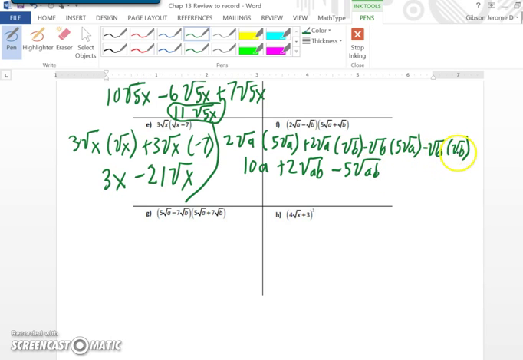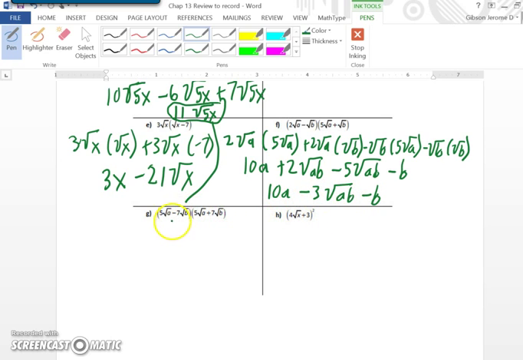A negative square root of B times the square root of B will give us a negative B. Now we will go through and combine like terms. We got 10A, 2 square root of AB minus 5 square root of AB will be a negative 3 square root AB, and then minus B. And we're done with that problem.